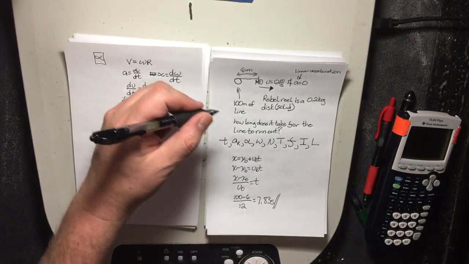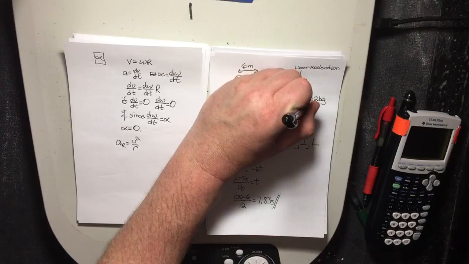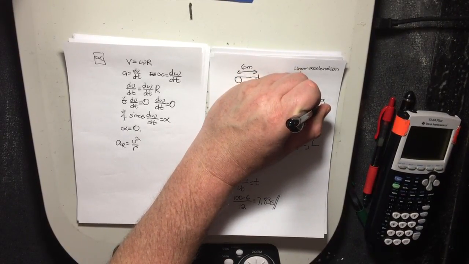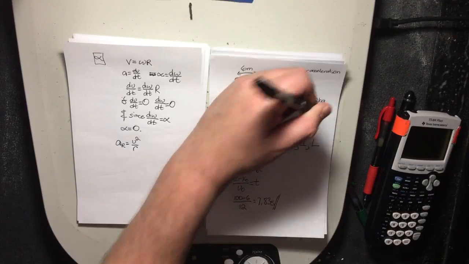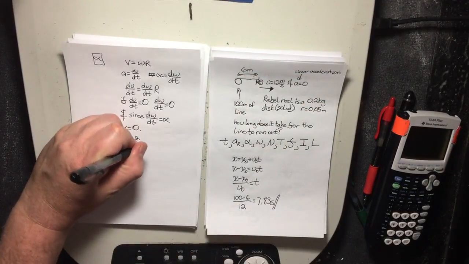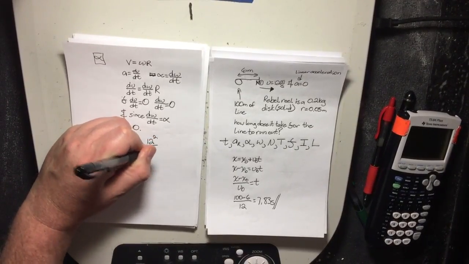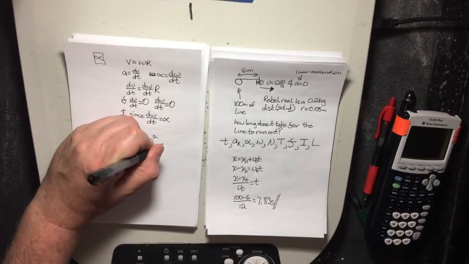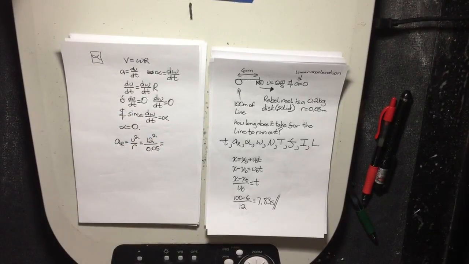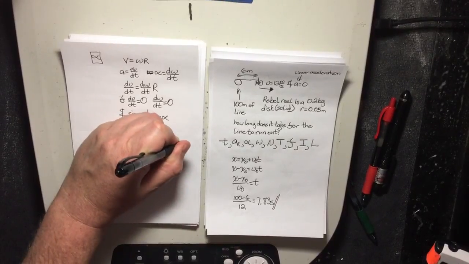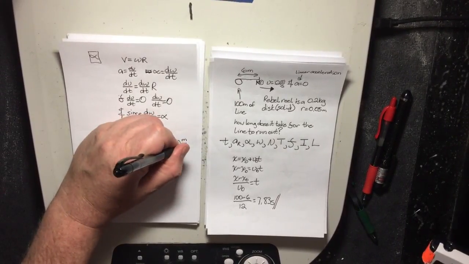Oh, one of the things I do need to give is what is the radius of the rebel reel? It is 5 centimeters. So v is 12, r is 0.05. So the radial acceleration is going to be big. 2880 meters per second squared.